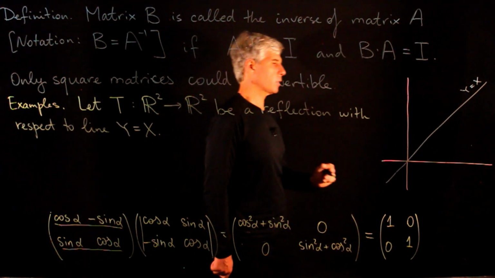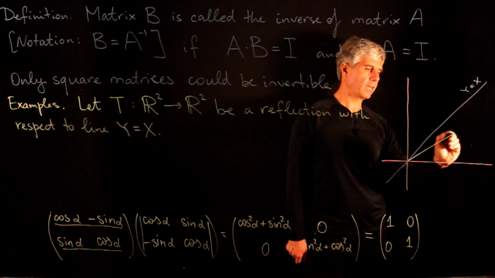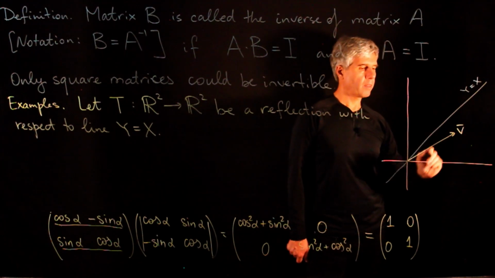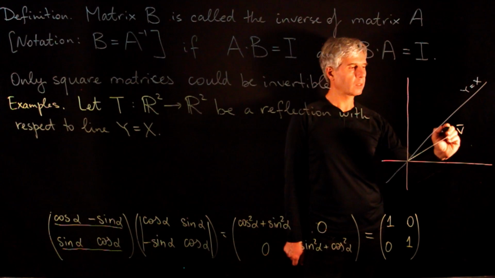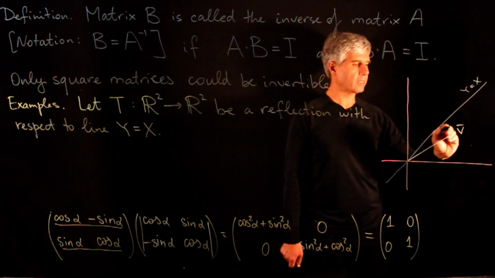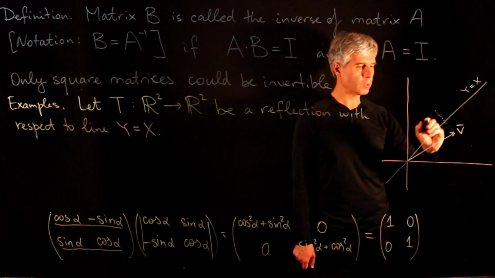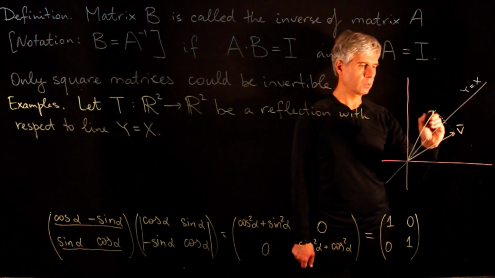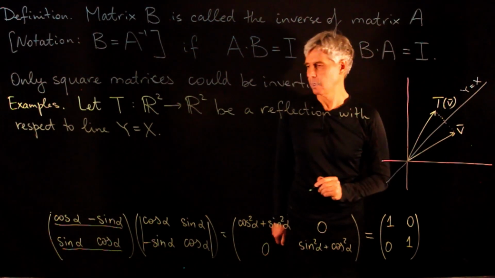Now, how does this transformation work? If we have some vector v, then to transform it, we treat the line y equals x as a mirror, and we find the mirror image of this vector with respect to this line. So this will be T of v here.